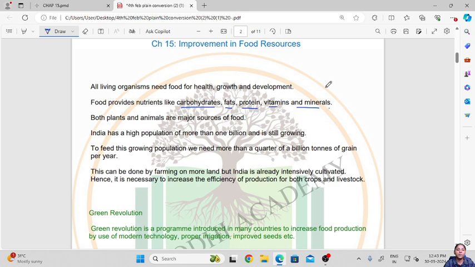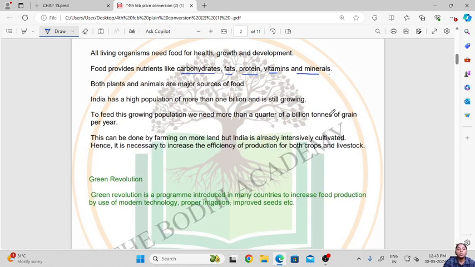So what can we do? Because we cannot increase the land for cultivation, we have to increase the efficiency of production for both the crops and the livestock, that is, the animal husbandry and farming. We have to increase the efficiency in both the zones.